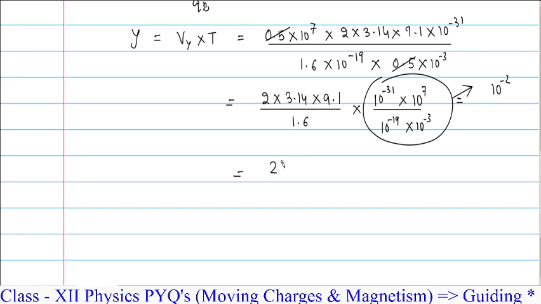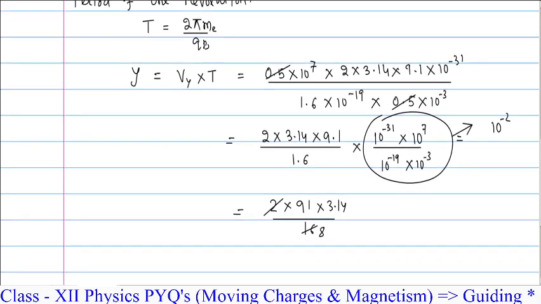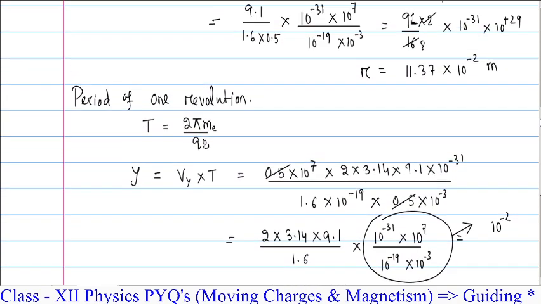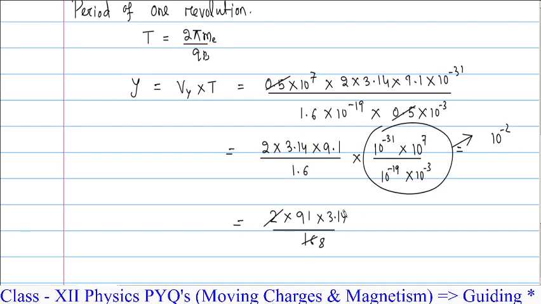So 2 into 91 into 3.14 upon 16. So it will cut by 8. So approximately how much will we be getting? 91 upon 8, that is 11.37 something.